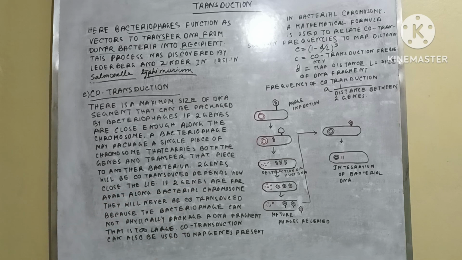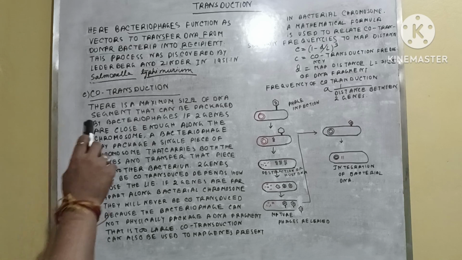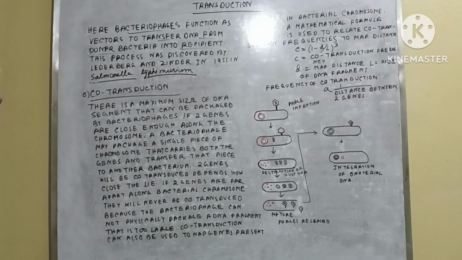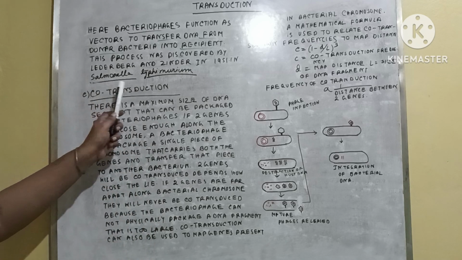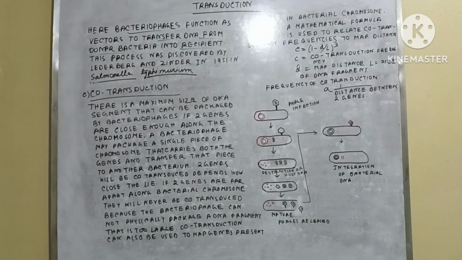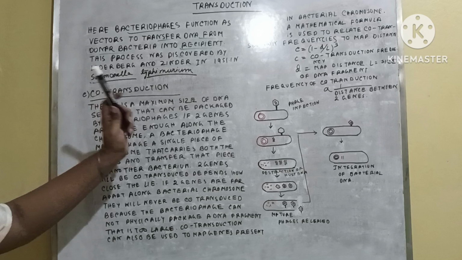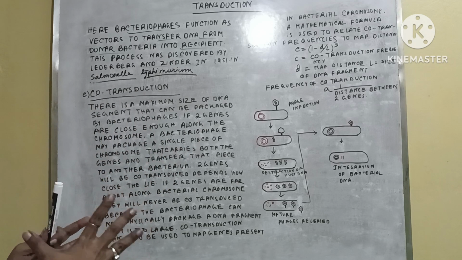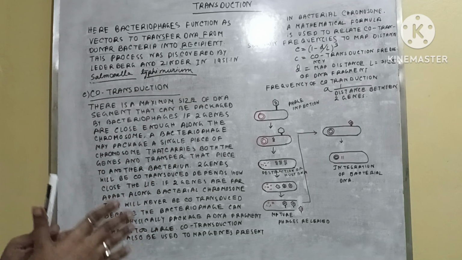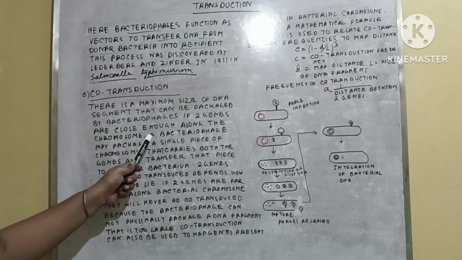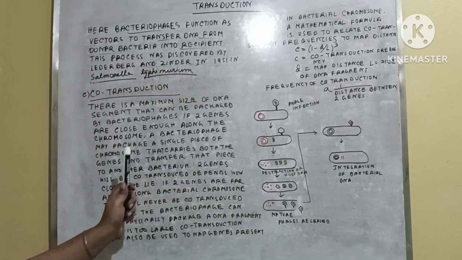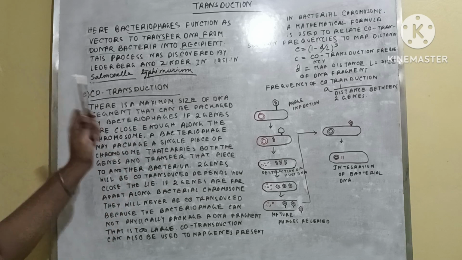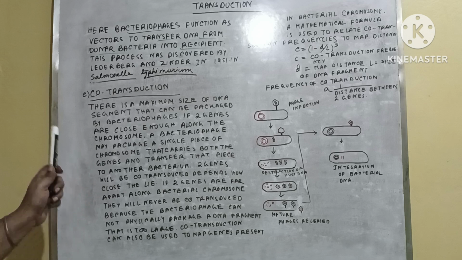So what this says is that there is a maximum size of DNA segment that can be packaged by the bacteriophage in co-transduction. Two genes that are closely associated are packaged by the phage, and then that piece is transferred into the bacteria.